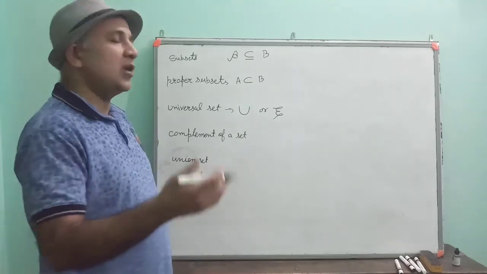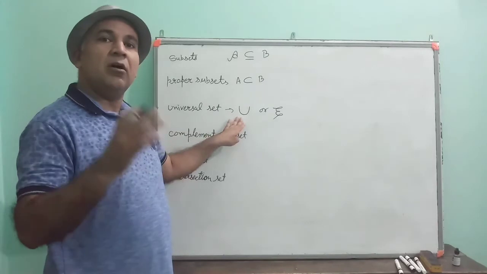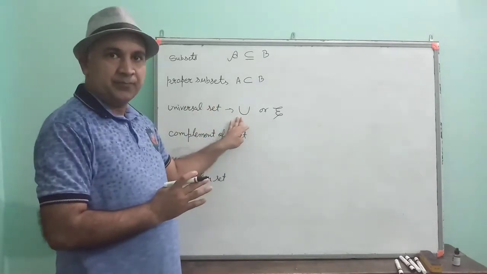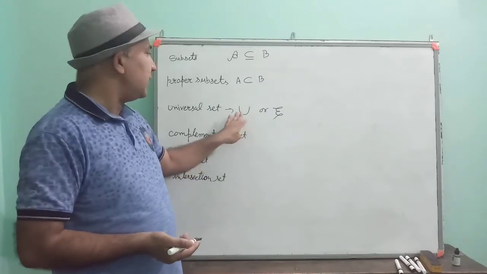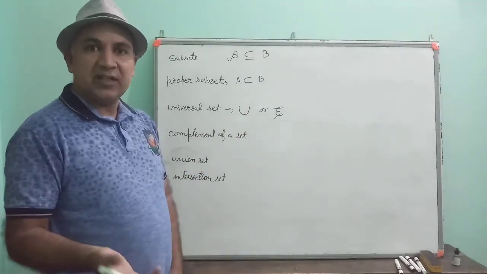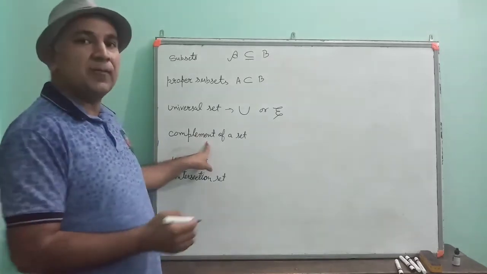That means if two or three sets are given, then in the universal set all the elements of the given sets will be present. And it also may be possible that the universal set has more elements than the given sets. Okay. Now complement of a set.